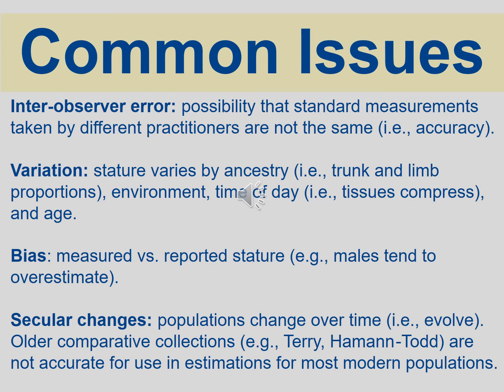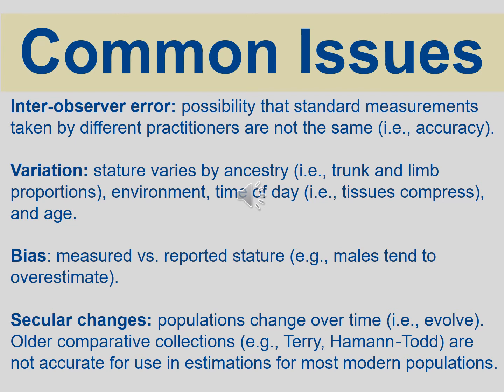There's also variation in terms of ancestral background, age, environment, and time of day can even affect a measurement, and this is typically a living person. So stature varies by ancestry. We know this.